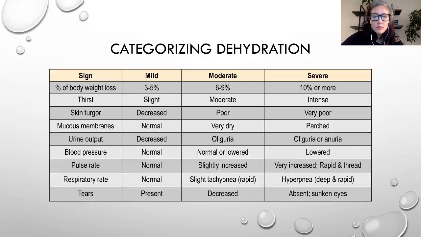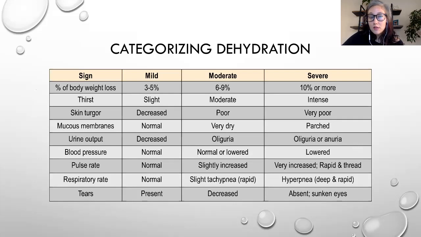So as far as categorizing dehydration, this is not something that you necessarily have to do officially, but it's really helpful as far as what to be anticipating from the provider, things like that. So you're looking at their thirst or their skin turgor, what their pulse rate is, their respiratory rate, and this shows kind of what would be mild, moderate, or severe.